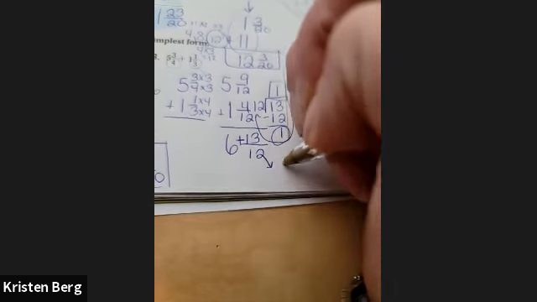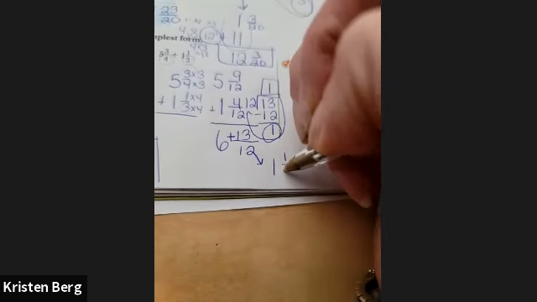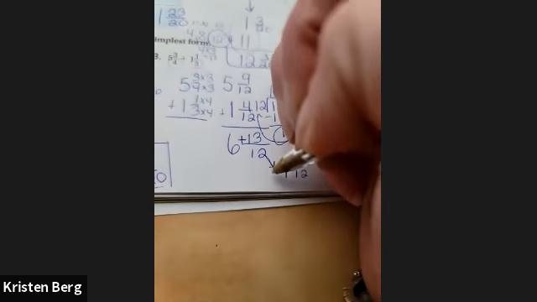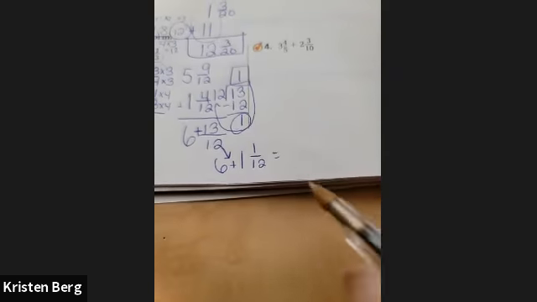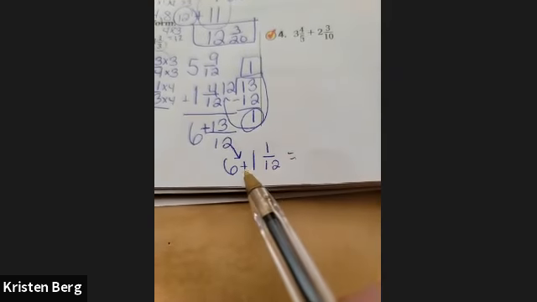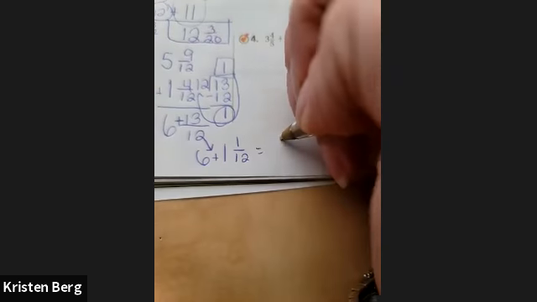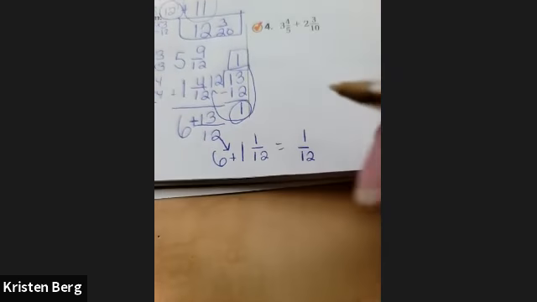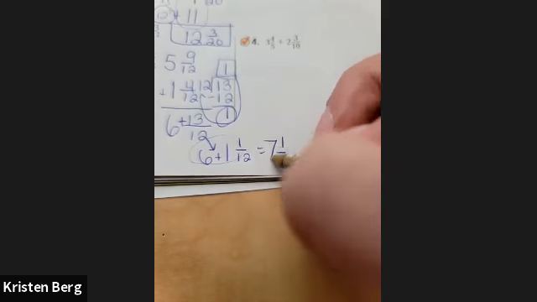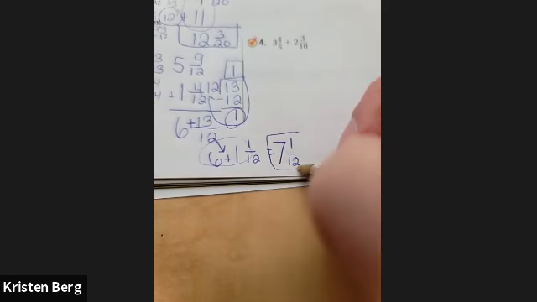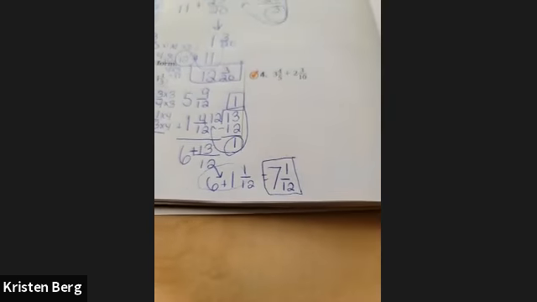So 1 and 1/12 plus 6 wholes. The 1/12 plus nothing is 1/12, and then 6 plus 1 is 7. So my answer is 7 and 1/12.